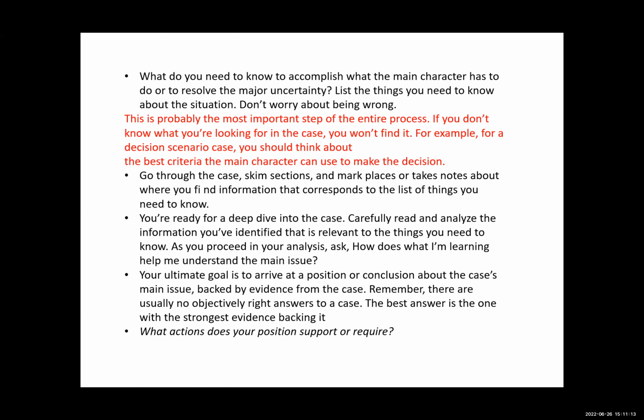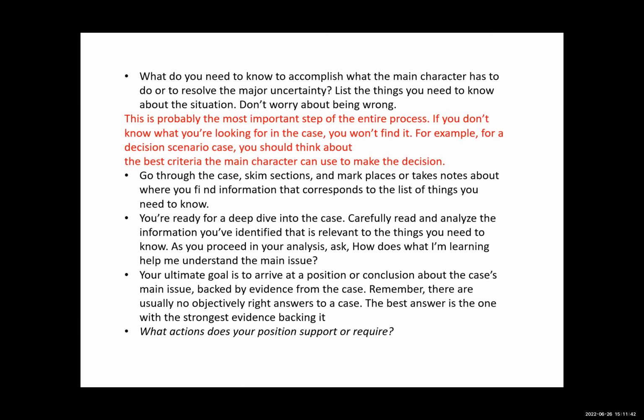So what are the four questions that we have asked? They're all characteristics. First, core scenario. What does the main character have to do?